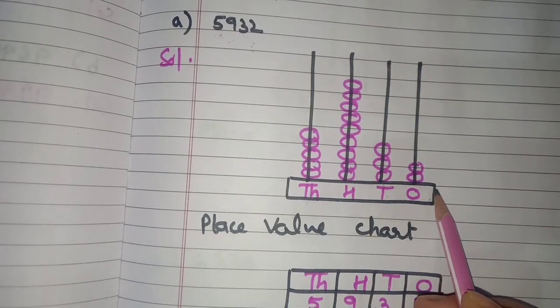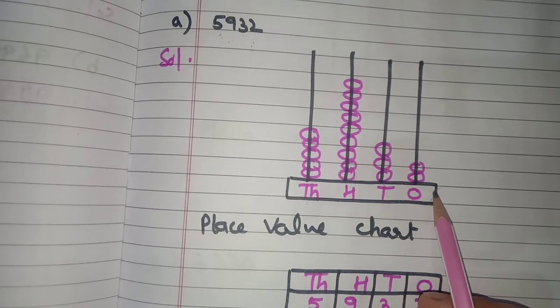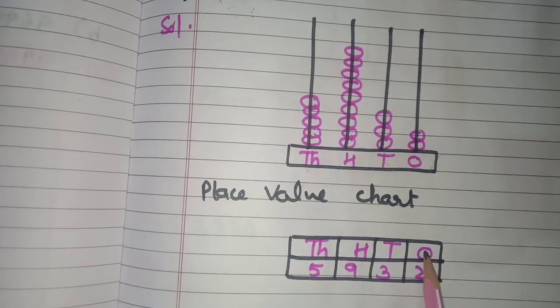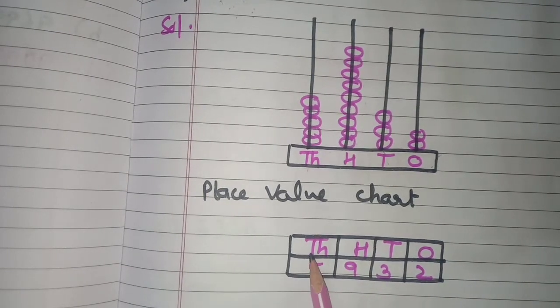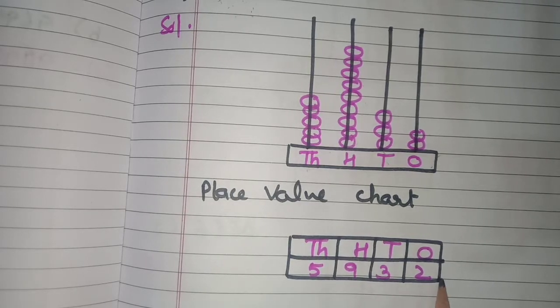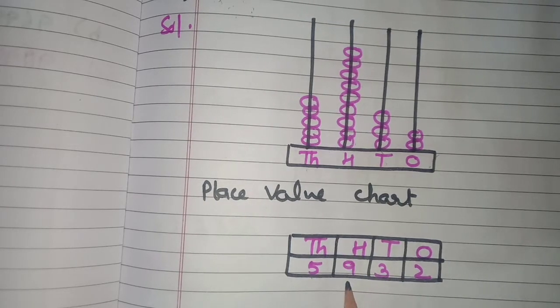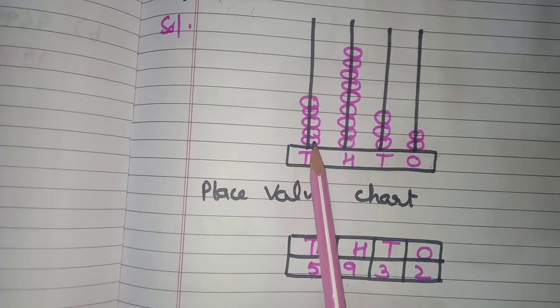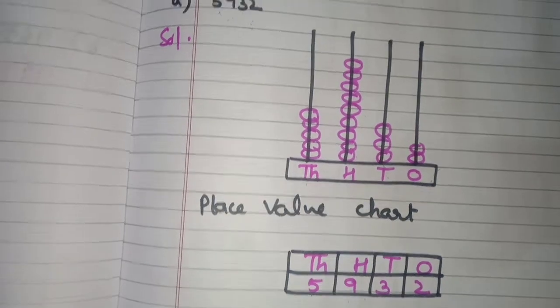Now we have to just make a place value chart for this number. So for making the place value chart, simply we need to write the places up to thousands place because it's a 4-digit number, and then we have to just write the digits under the respective places. So here we have 5 beads and the first digit of the number is also 5.